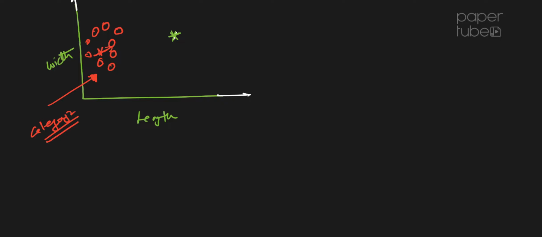Likewise, based on the newly calculated cluster center and the distance between this cluster center and all the data points in this graph, you can also assign the other data points to belong to category 1 maybe.